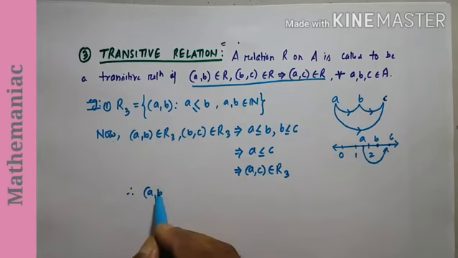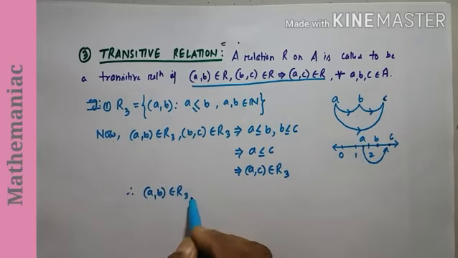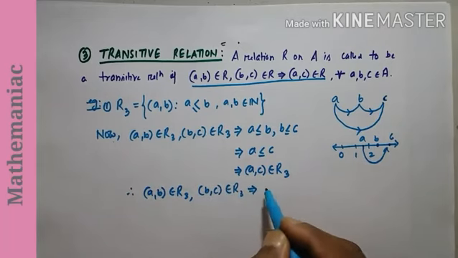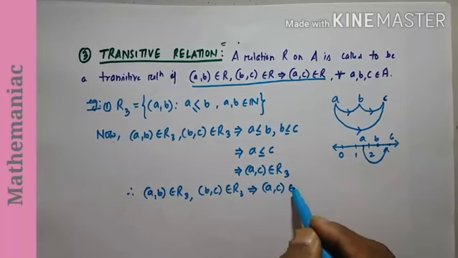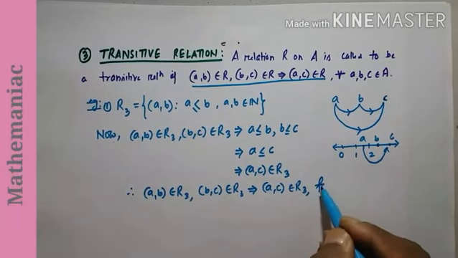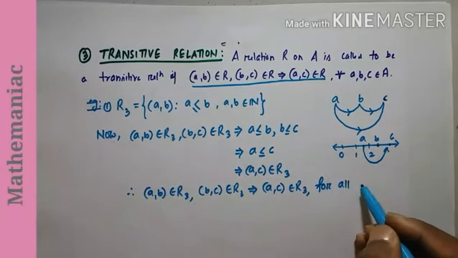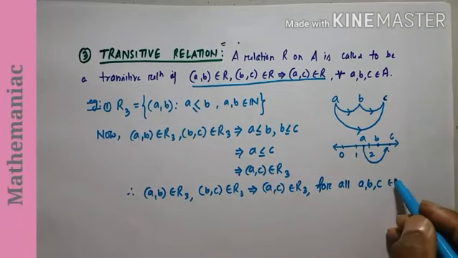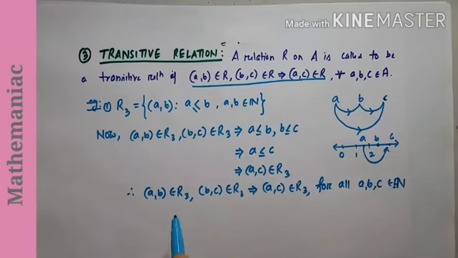(A, B) belonging to R3, (B, C) belonging to R3 will imply that (A, C) also belongs to R3, and this is true for all such A, B, C which will satisfy these things, where A, B, C are natural numbers. So what will be your conclusion? R3 is transitive, right?